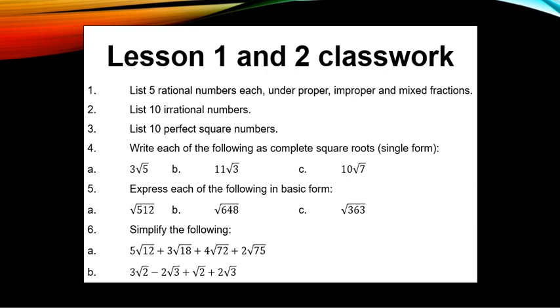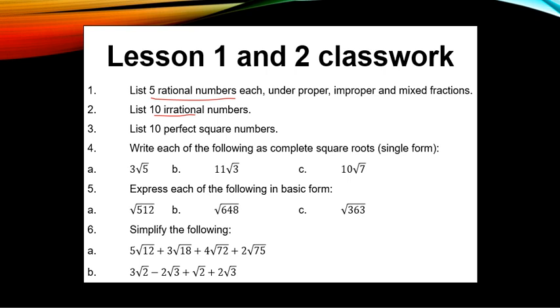Number 1, list 5 rational numbers each under proper, improper, and mixed fractions. Number 2, list 10 irrational numbers. Number 3, list 10 perfect square numbers.